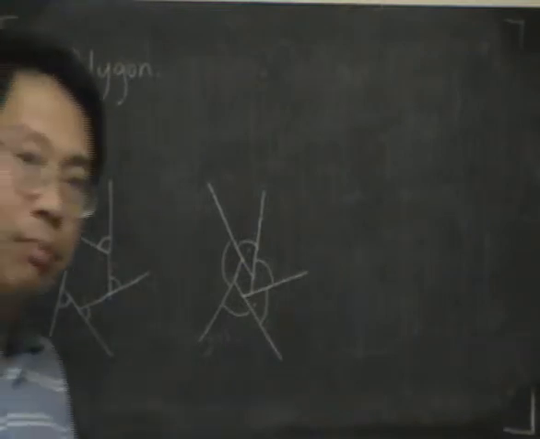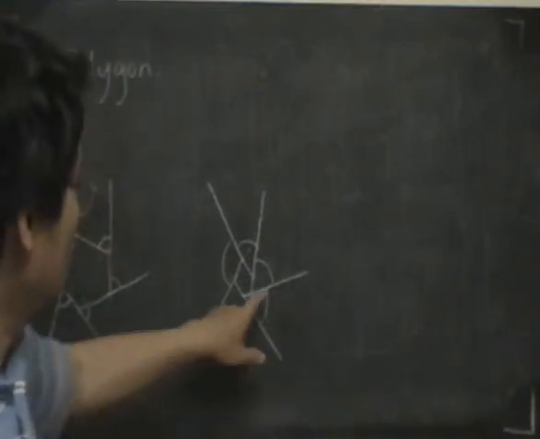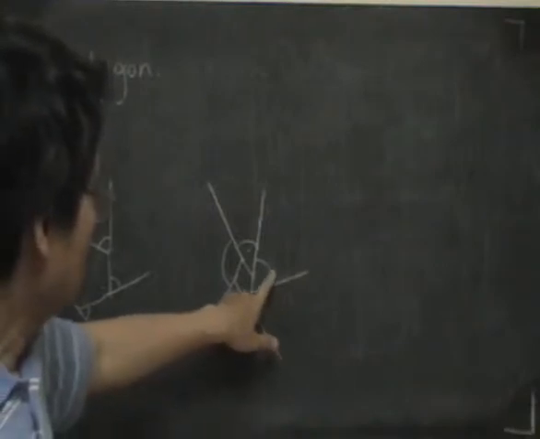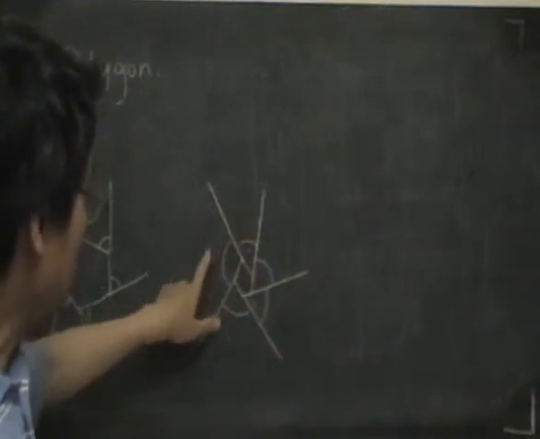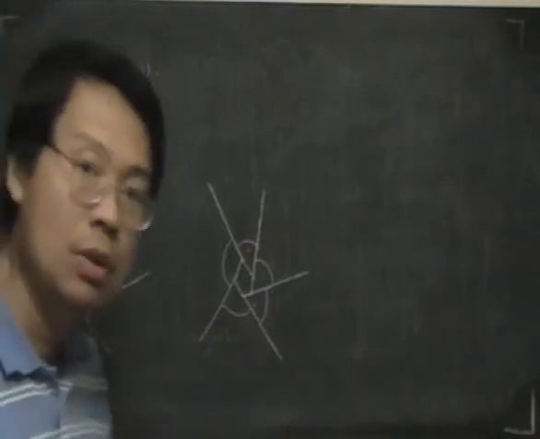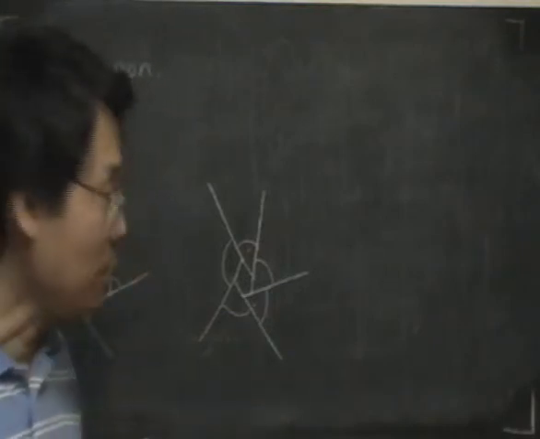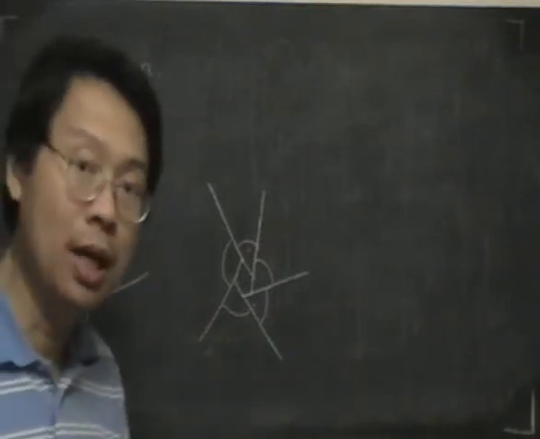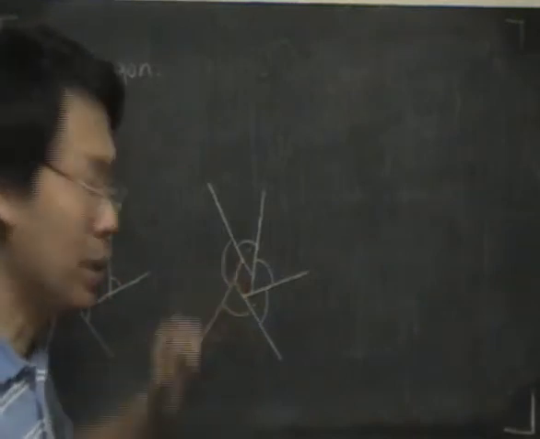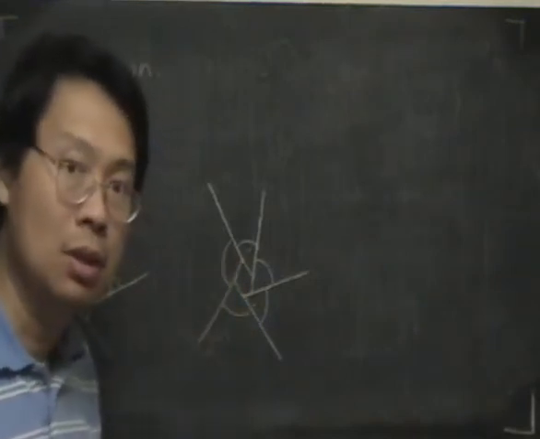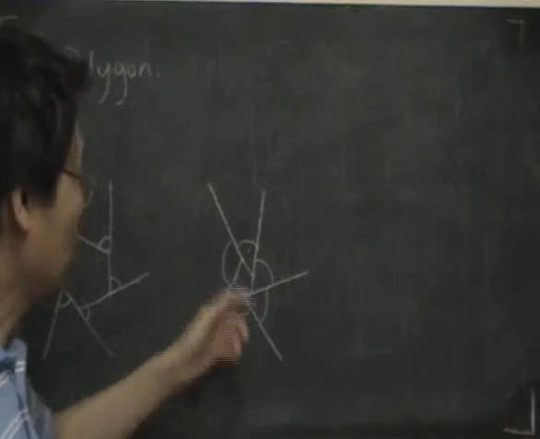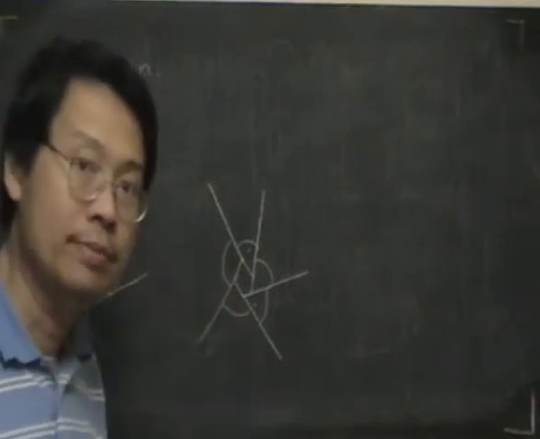Now if you take a step back, you will see that these angles are basically the same as the angles that you would have if you have a point at the center instead of a polygon. What do I mean by that?